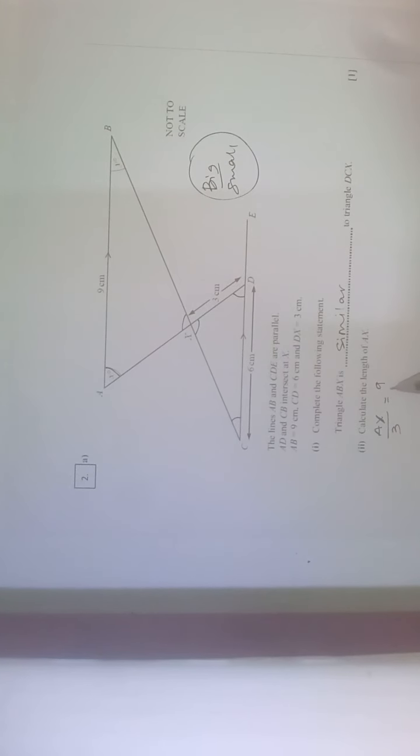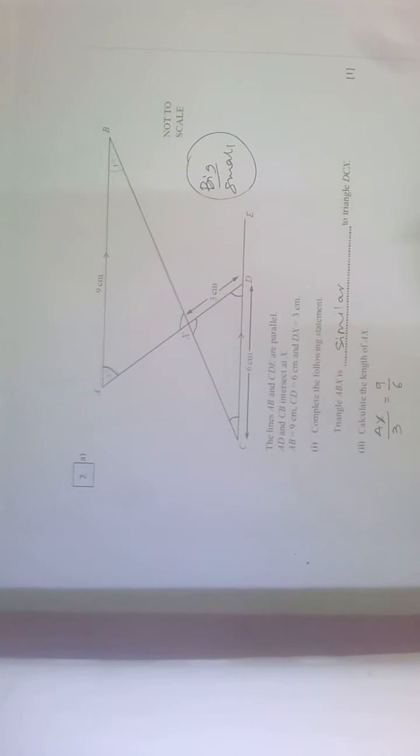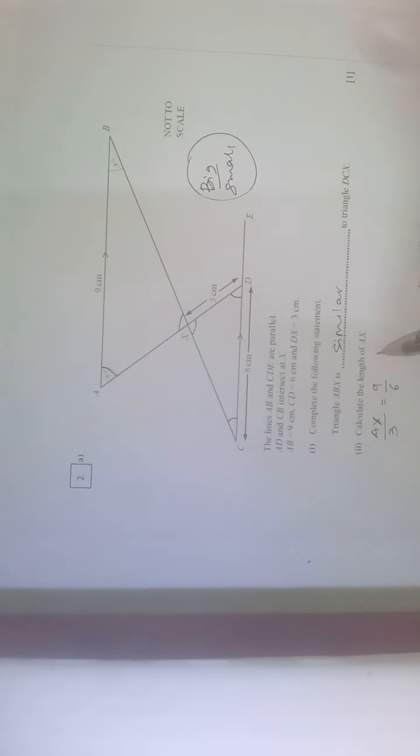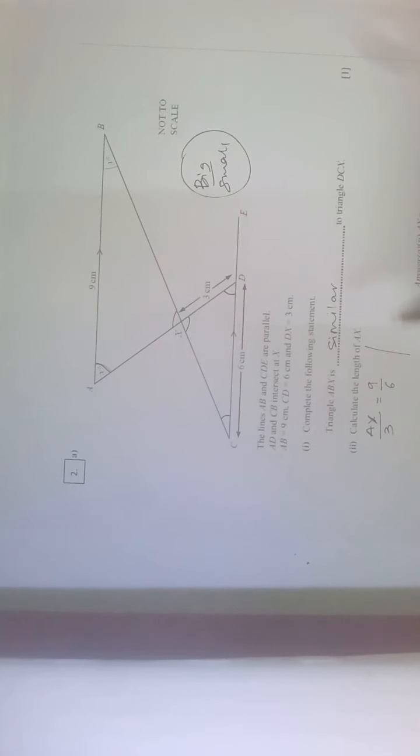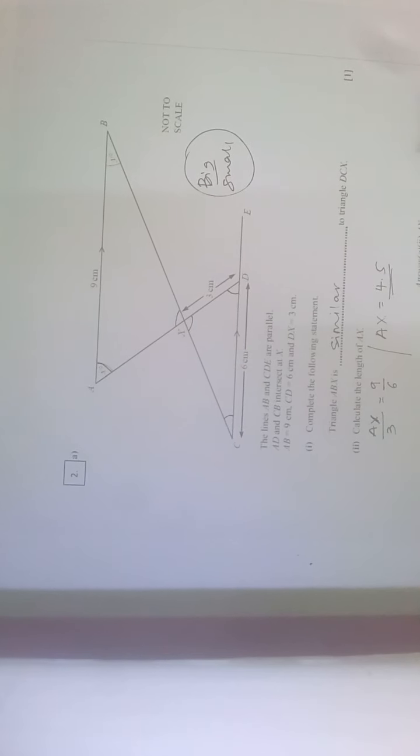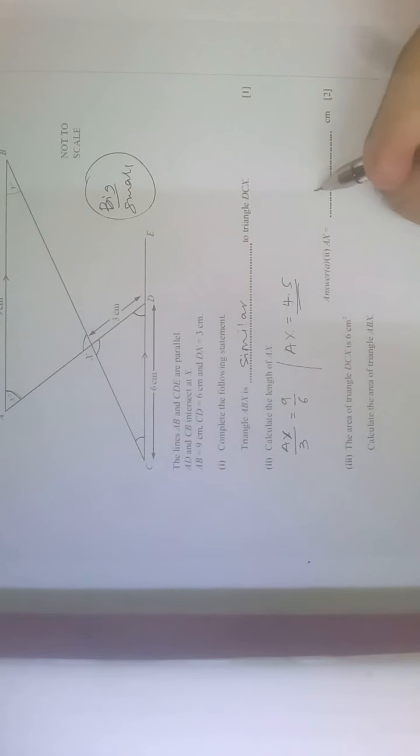So big is 9, 6 is small. So big over small equal to big over small. Compare the sides of the two triangles. So AX over 3 equal to 9 over 6. You simplify, rearrange, you can do cross multiply. So 9 over 6 multiplied by 3. So finally, our answer AX is equal to 4.5 cm. So I will write in the answer space over here, 4.5.